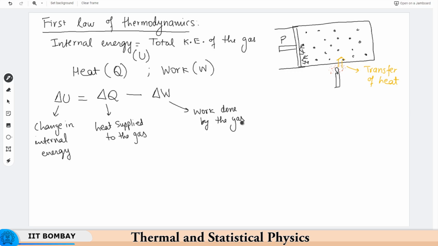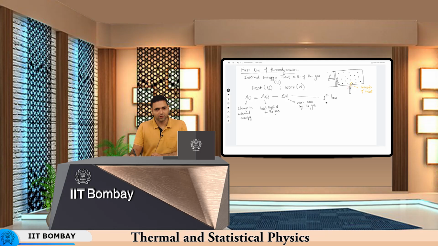You might be familiar with this. This is the typical statement of the first law of thermodynamics.